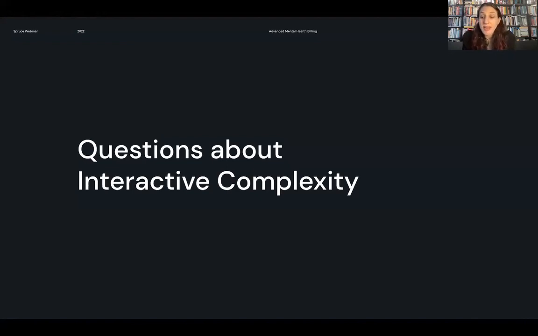So this can be used for a lot of reasons, whether it was more complex because you used virtual reality, or because the adolescent's parent was screaming at you in your office. These are situations where it's above the standard level of complexity in those interactions.